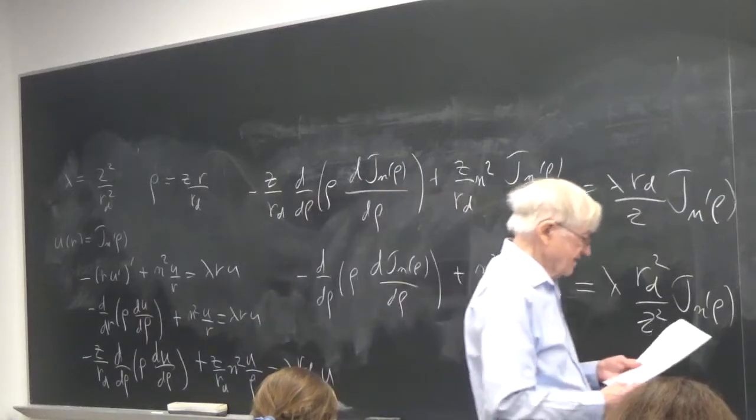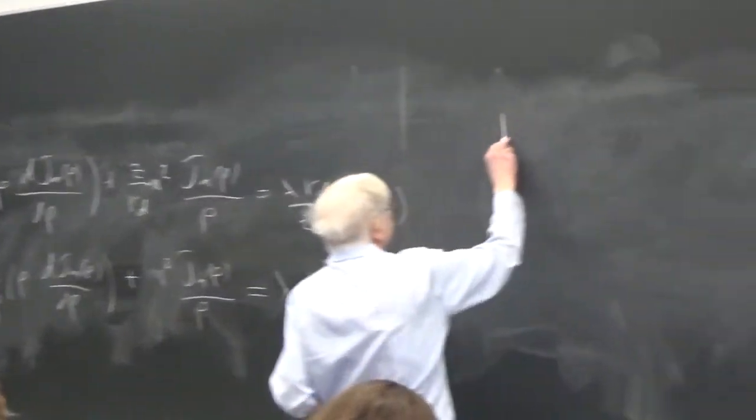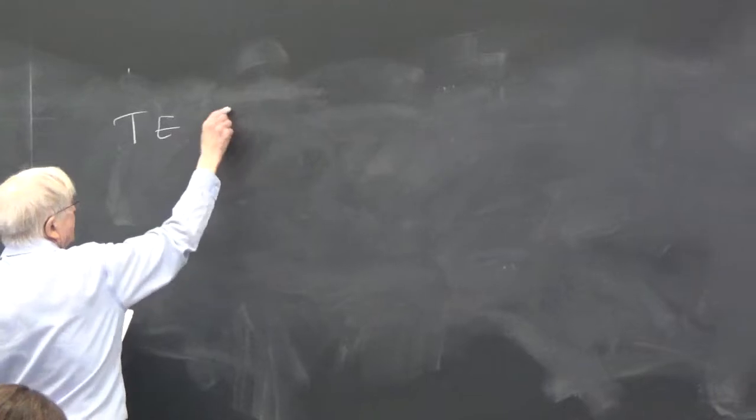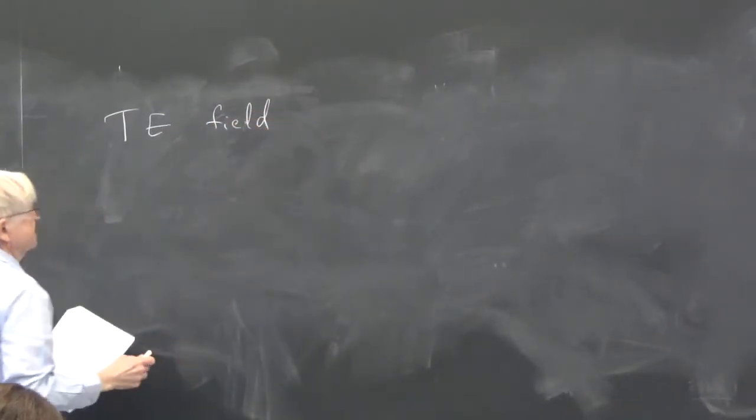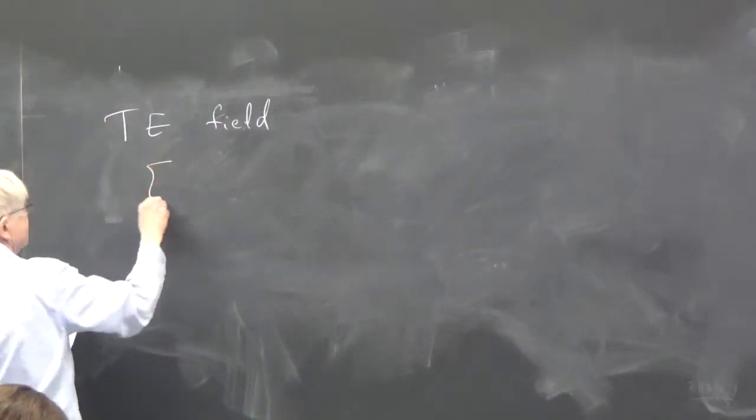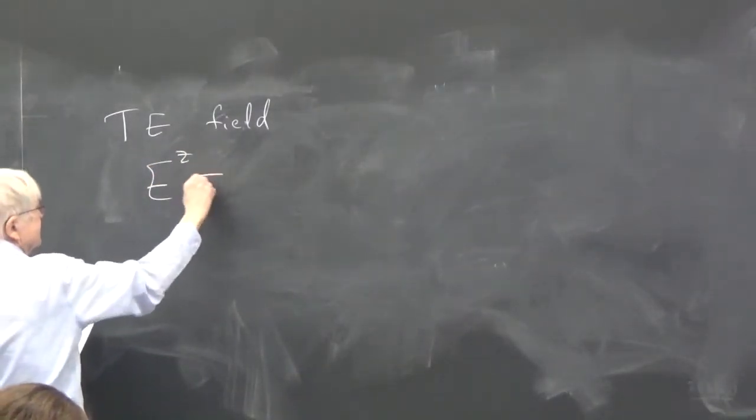Okay, so we've got a TE field. So TE field means that the electric field in the direction of motion vanishes, and so that means that E_z is 0.